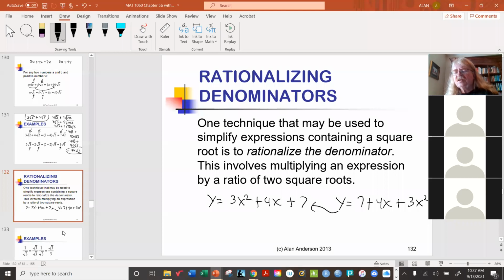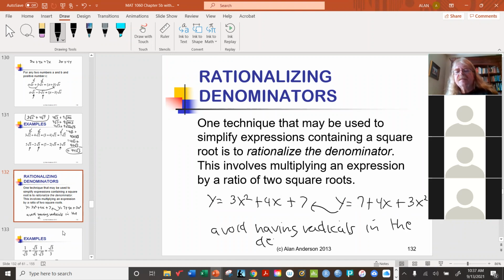So here we're about to encounter something very similar. One of the rules of thumb with mathematical expressions is that we try to avoid having radicals in the denominator. Okay.